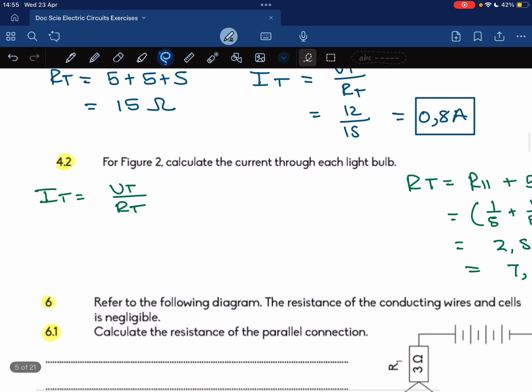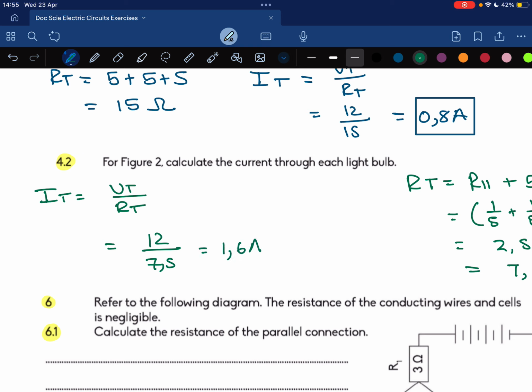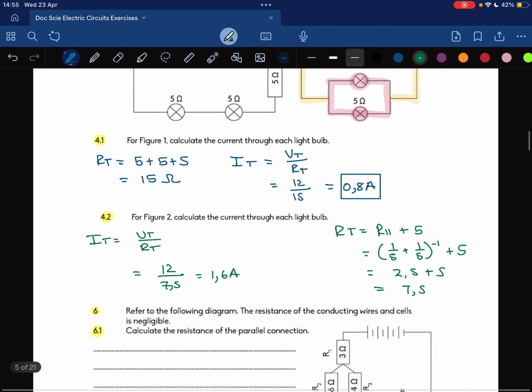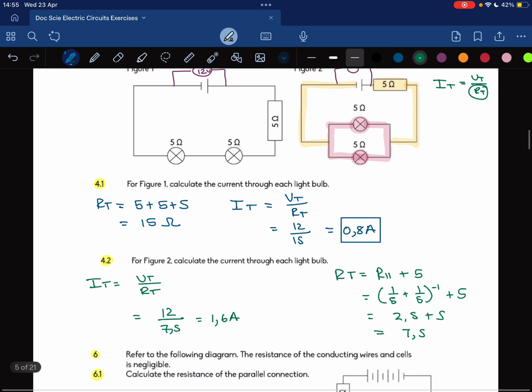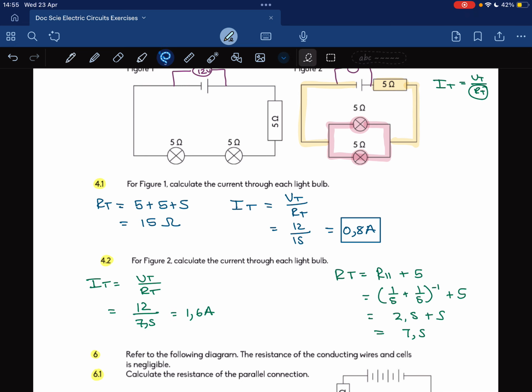So now I know that V total is 12 volts and R total is 7,5 ohms, which means that the current is going to be 1.6 amps.